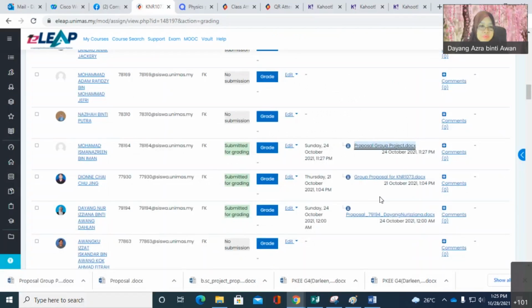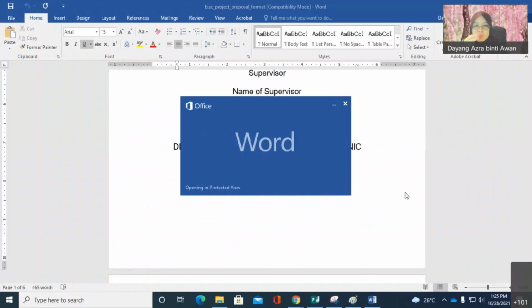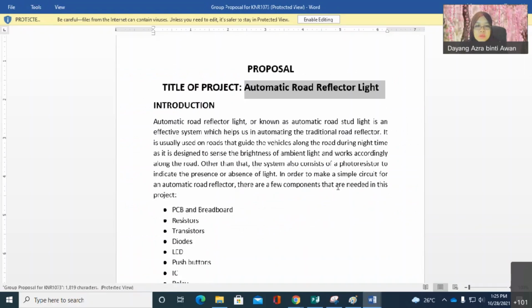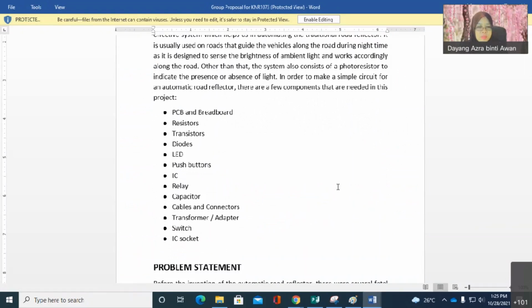Then we have diode, rod refractor light, we have relay, capacitor, passive plates. Where is your sensor?